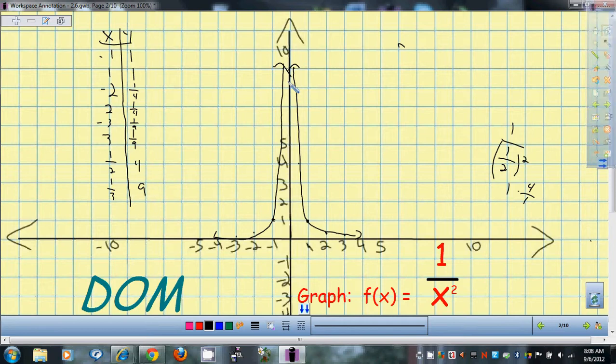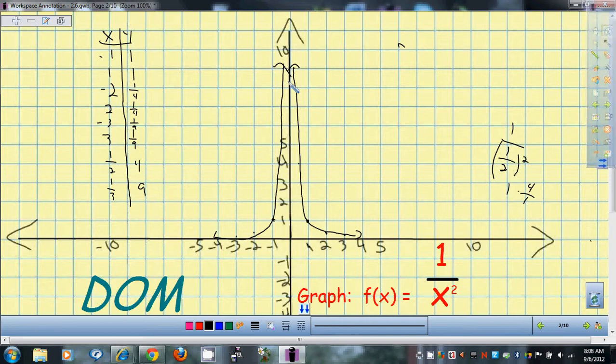Normally, when you can't have a 0 in the denominator, remember we talked about that when we talked about domains of a function. When you can't have a 0 in the denominator, most of the time that's going to generate a vertical asymptote. Asymptote, A-S-Y-M-P-T-O-T-E.